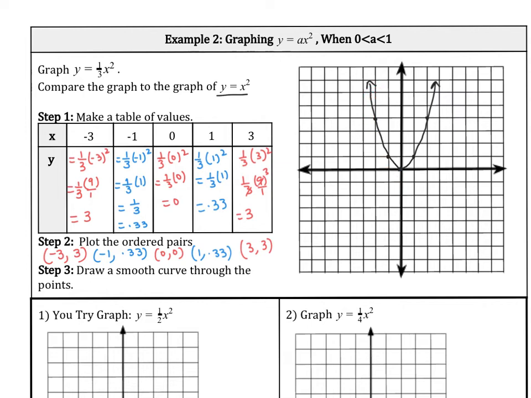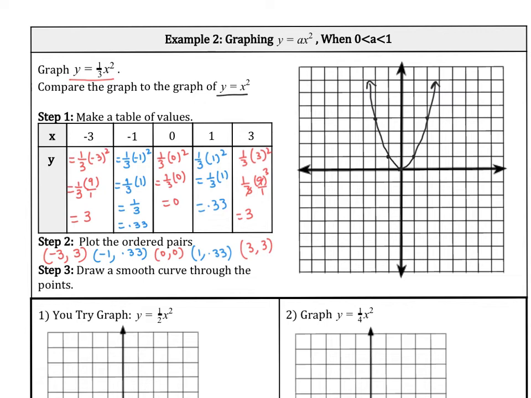We already said that this is a symmetrical figure. Whatever is this part is the same as this part. So that's why these points are the same. 0.33, 0.33 is also the same. You can see that when we graph this, it is going to be again a symmetrical figure.